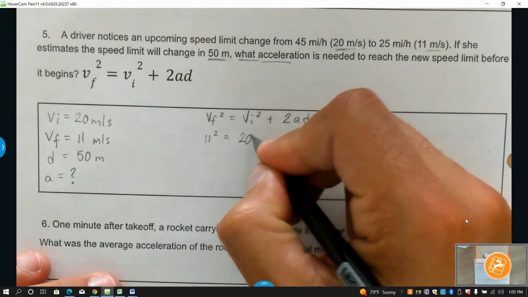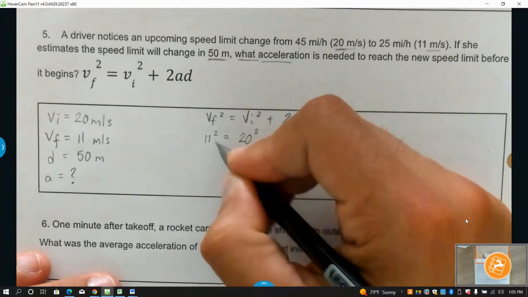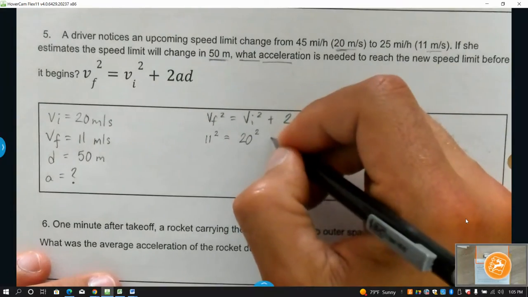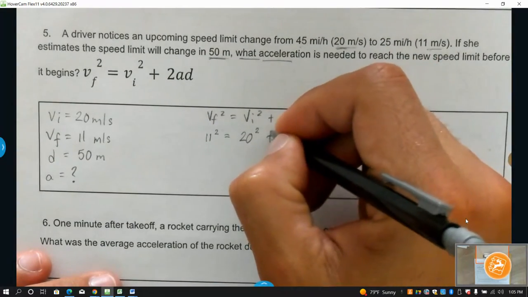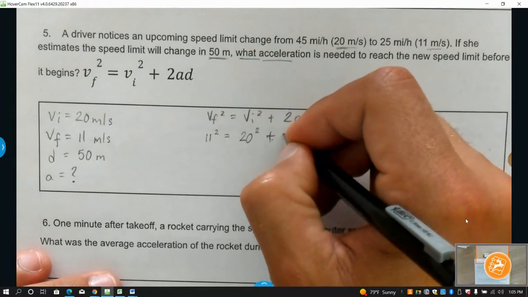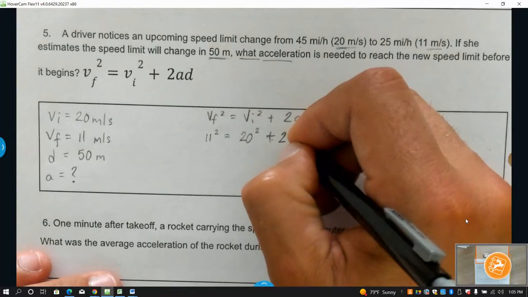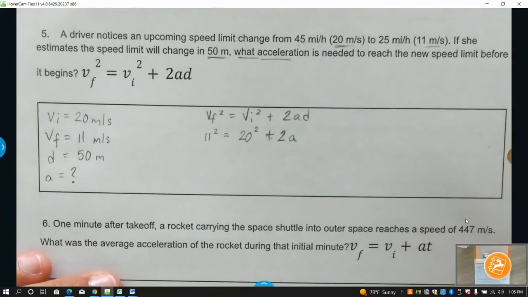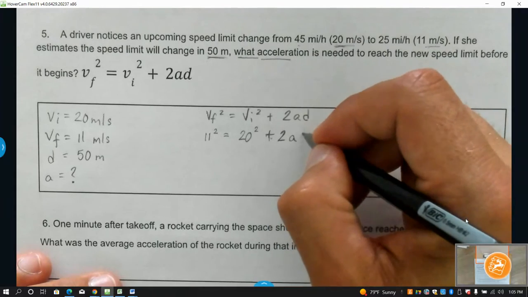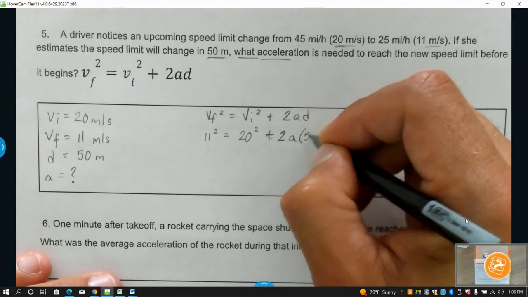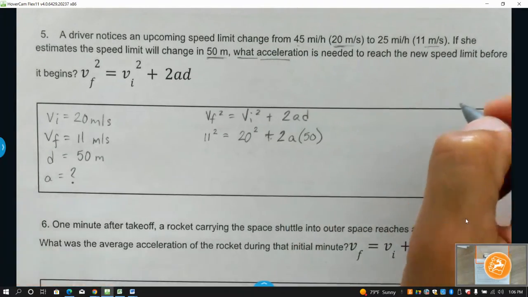So we have to put this here. And remember, you're only squaring the individual pieces here. Plus sign comes down. This pencil's killing me here. Bring down the 2 because that's part of the equation. We don't know what acceleration is, so we're going to leave that put. And what are we going to write for D? Well, 50.